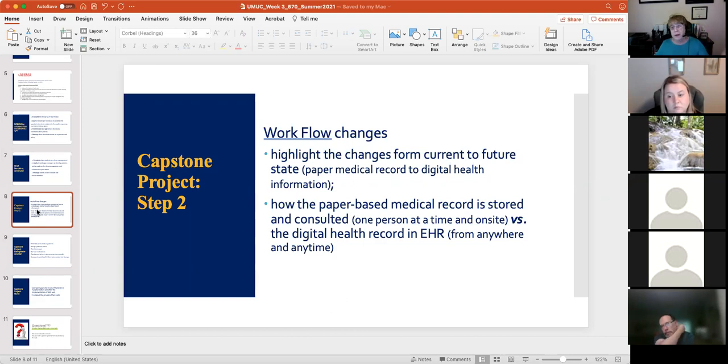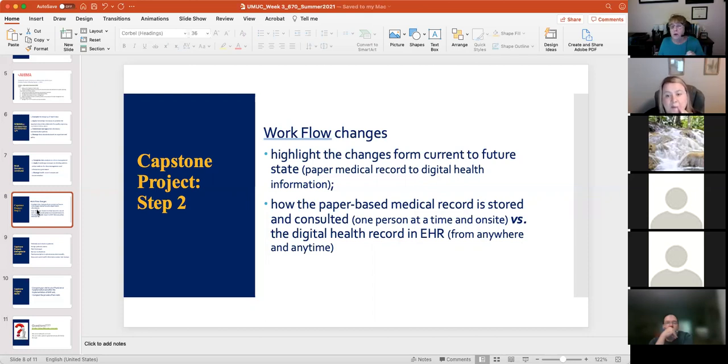At some point, there will be more records than there is room for in that room. Then they have to go to a secondary location, which means they have to be stored in temperature controlled locked filing cabinets.